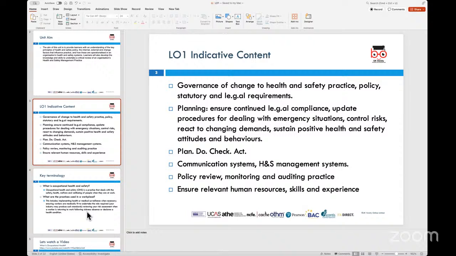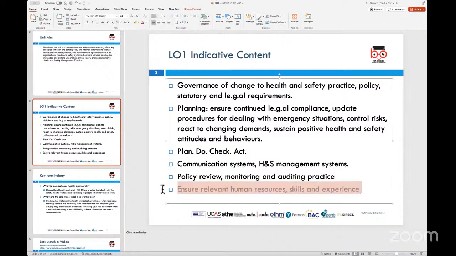In such cases, there is coordination regarding the kind of people being hired, and whether they have the relevant skills, training, and qualifications to work within that location. That would require working together with HR. So there are bits and pieces related to assessing the resources and skills required when you plan health and safety for a particular workplace. And that could be a theoretical part that we look at towards the end.